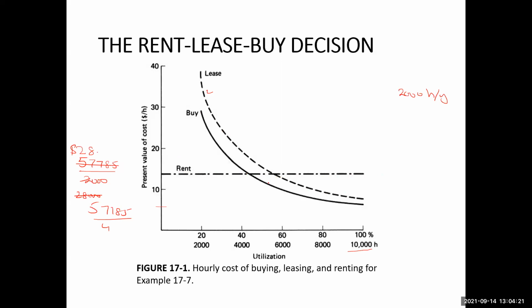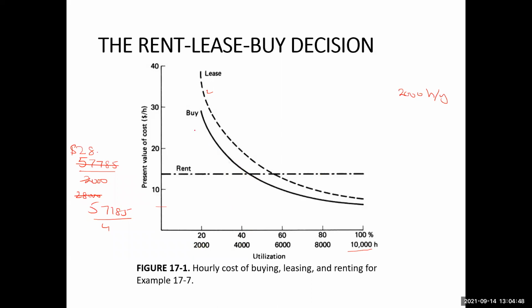Okay. So here we can see that at less than about 2 years of use, for example, 2,000 hours per year is this one, renting is better than buying, because in this case the usage level will be less.